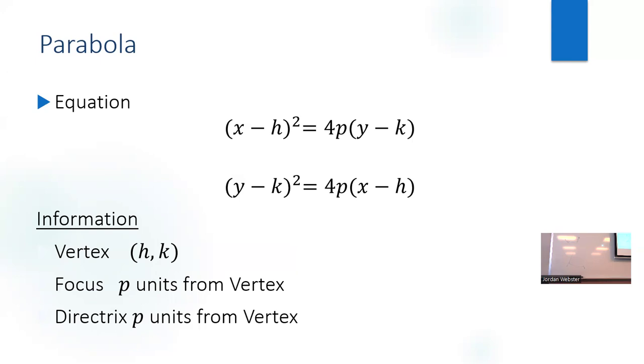Our focus is going to be p units from the vertex. And our directrix is going to be p units from the vertex as well. We'll talk about what the focus and the directrix are in just a moment.